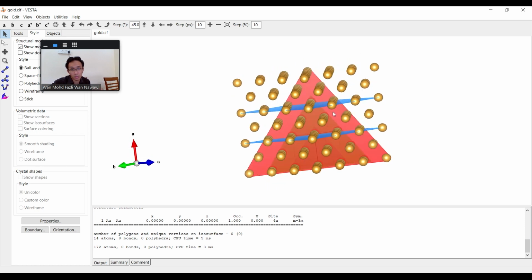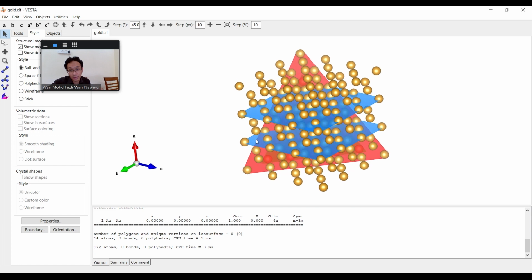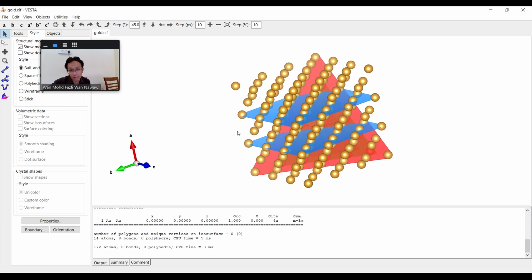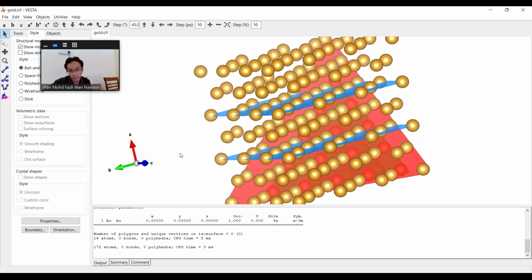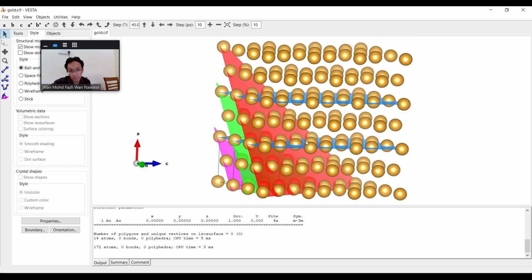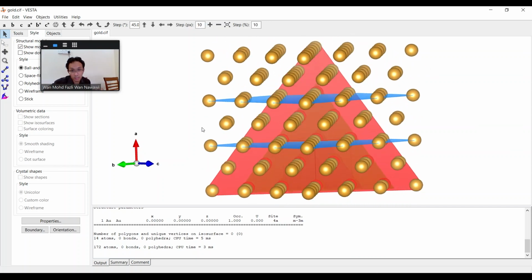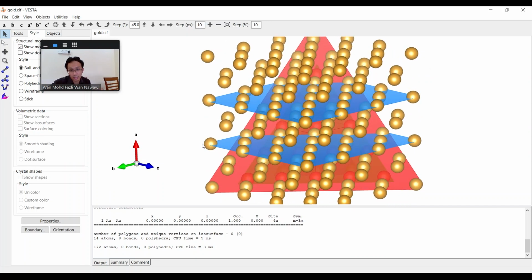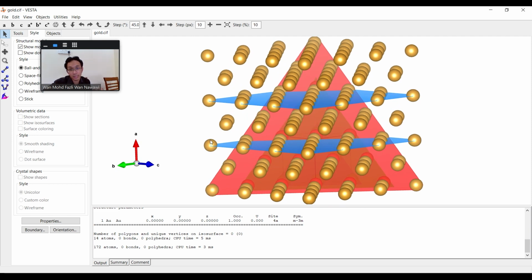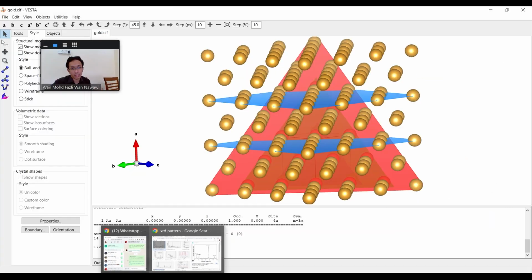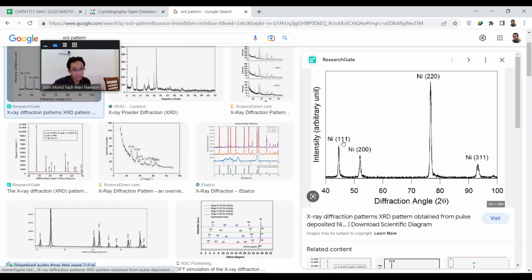Why? Because this is a different plane. If you look at the blue, you can see from the side, it's difficult to see. You can see the distance here is different from the distance that we saw just now between the 111 planes. So at 111, the distance is different.